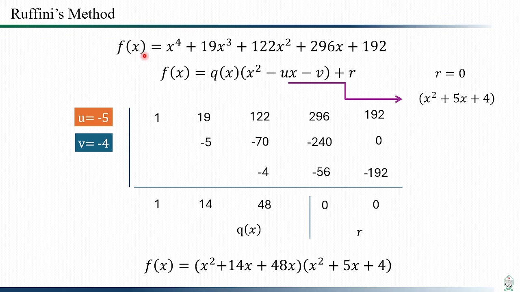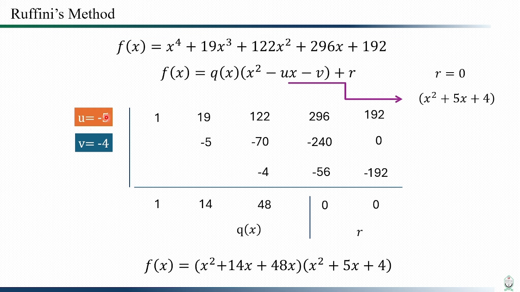So this is one method how we can convert an f of x into this format where the remainder is 0. To apply Bairstow method, this conversion of a function is very important, and it is imperative that we choose the u and v such that the remainder becomes 0.